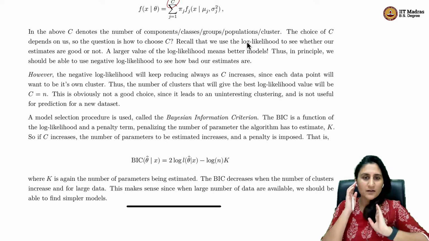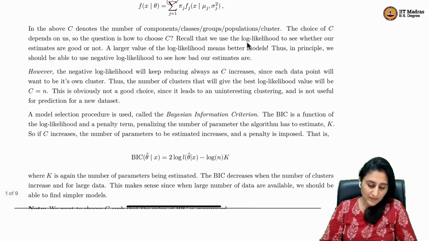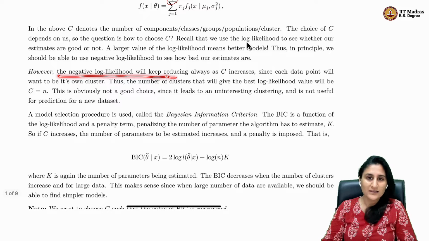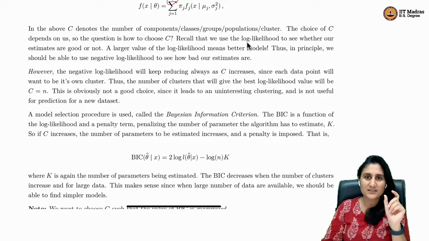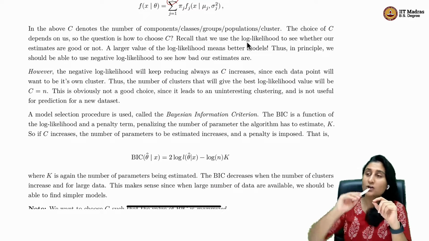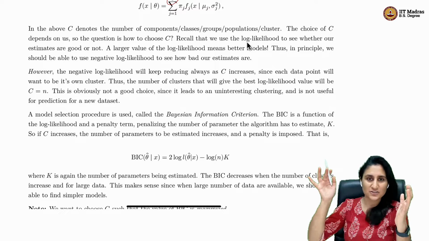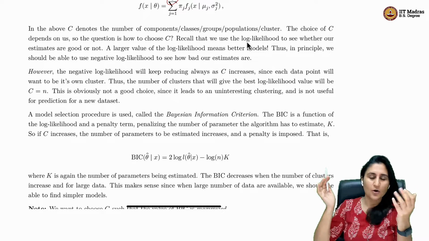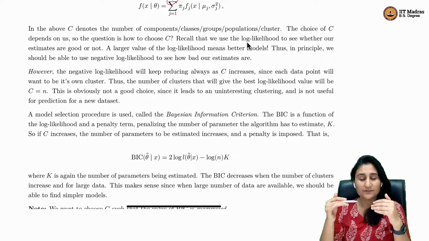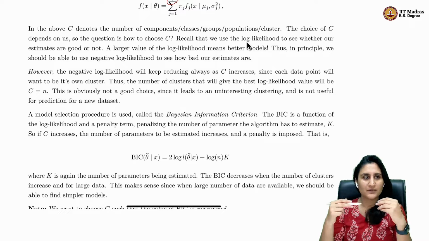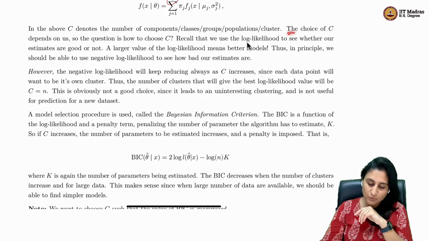But the negative log likelihood will keep reducing always as C increases. That is, as C increases, our log likelihood value will keep increasing, or equivalently, the negative log likelihood value will keep decreasing.